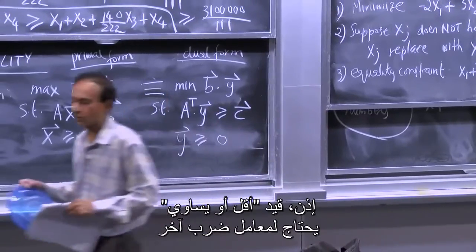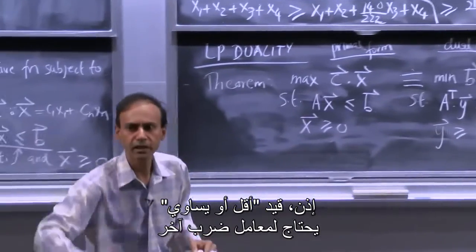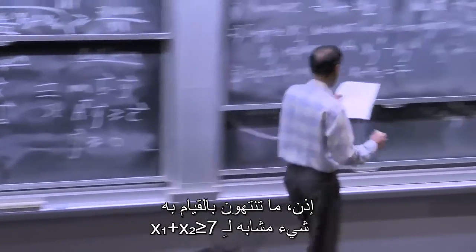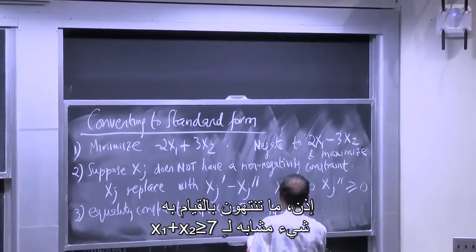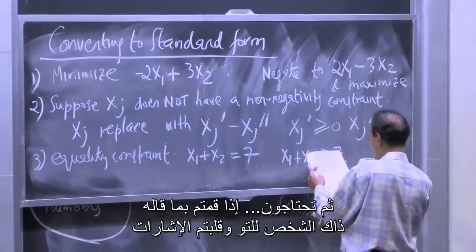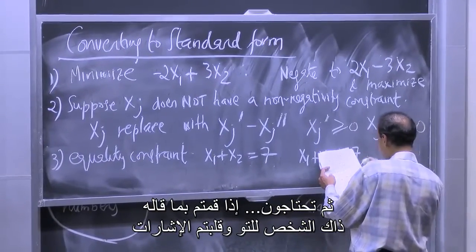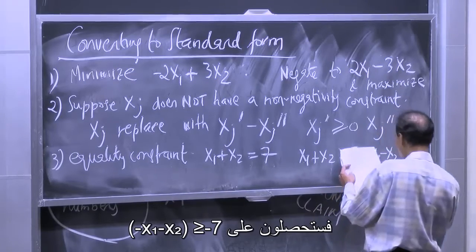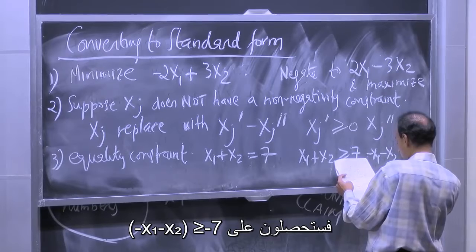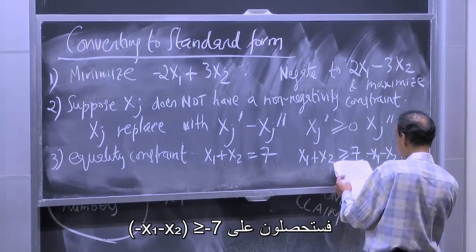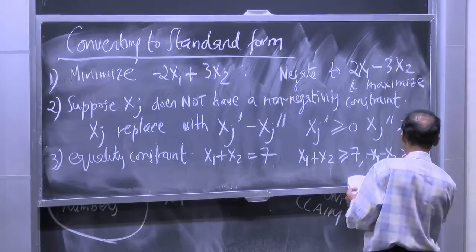Good. All right. So your less than or equal to needs another multiplier. So what you end up doing is something like x1 plus x2 greater than or equal to 7, and then if you do what the gentleman just said and flip the sign, you get minus x1 minus x2 greater than or equal to minus 7.